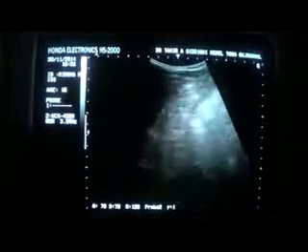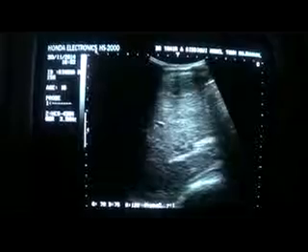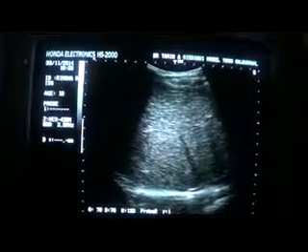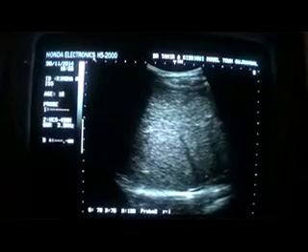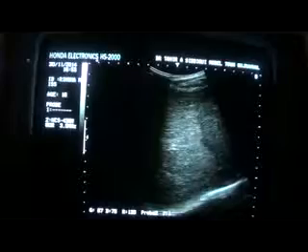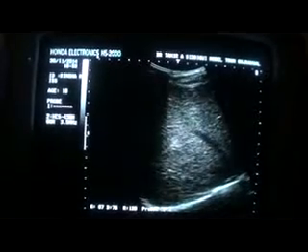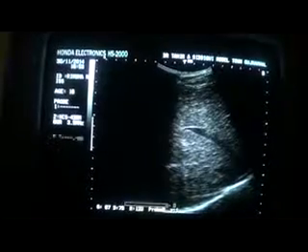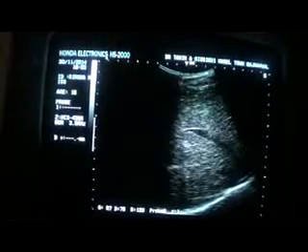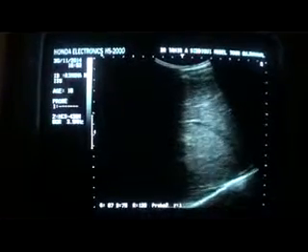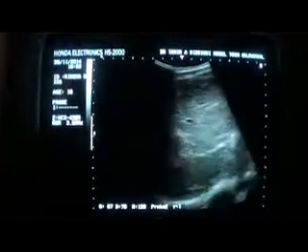Then I would like to see the hepatic vein. Here you see this is the middle hepatic vein. So the middle hepatic vein is seen entering the IVC, and you can see it has a sharp margin, which rules out any pathology related to the liver parenchyma.